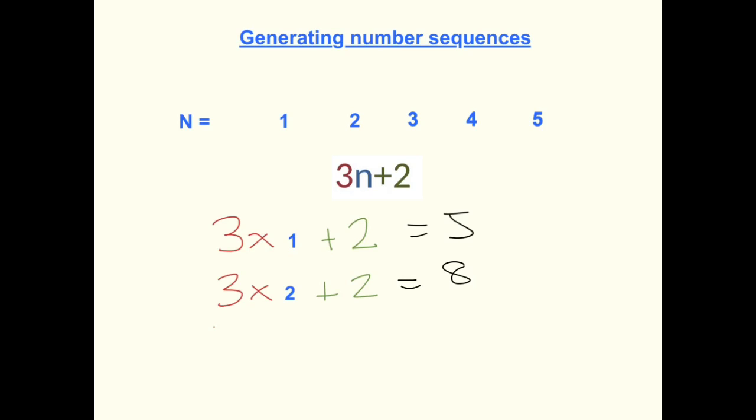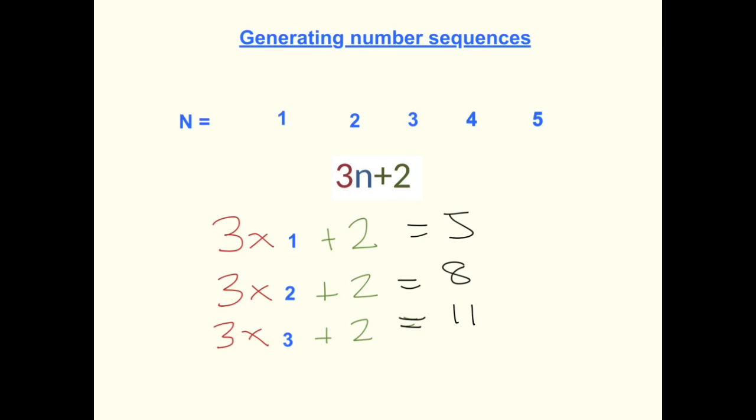Again, for the next one, 3 times the position number, which is 3, add 2. 3 times 3 is 9, plus 2 is 11.